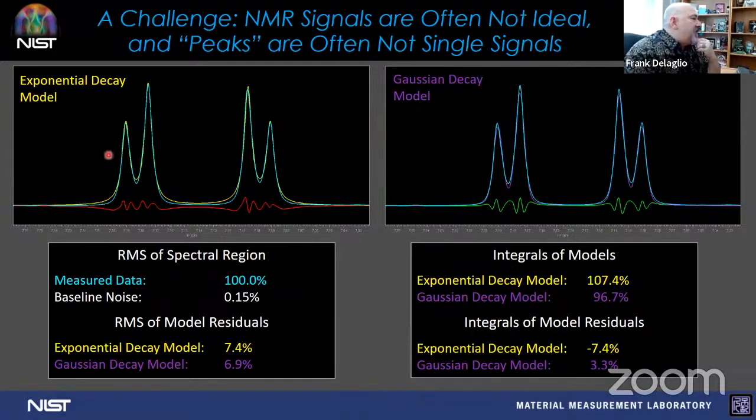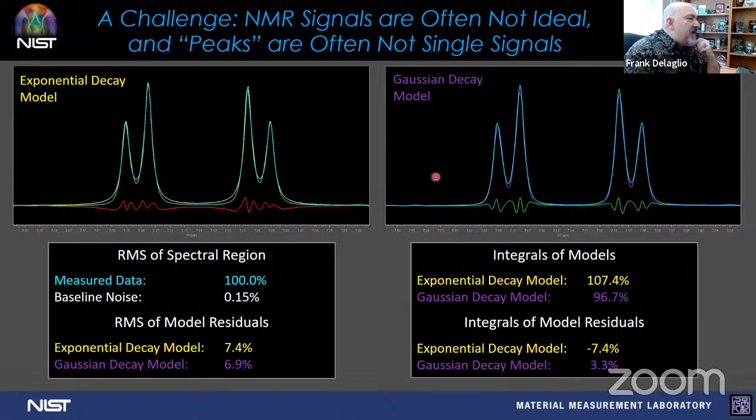So the model is shown in yellow, the measured data is in blue, and the residual between the two is shown in red. Okay, so what you will see is that there are systematic differences between the measured NMR data and the ideal model. And in this case, those differences are much, much bigger than the random noise in the spectrum, which is almost not noticeable at this scale.